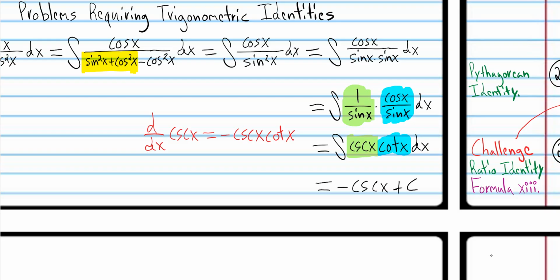So now when we find the derivative of this, we're using the constant multiple rule. So the derivative of this is the constant -1 times whatever the derivative of that is. But the derivative of that is this expression up here. So you have a double negative, the negatives go away, and you end up with what we're looking for, which is cosecant x, cotangent x. So we just had to do a slight modification there at the end.